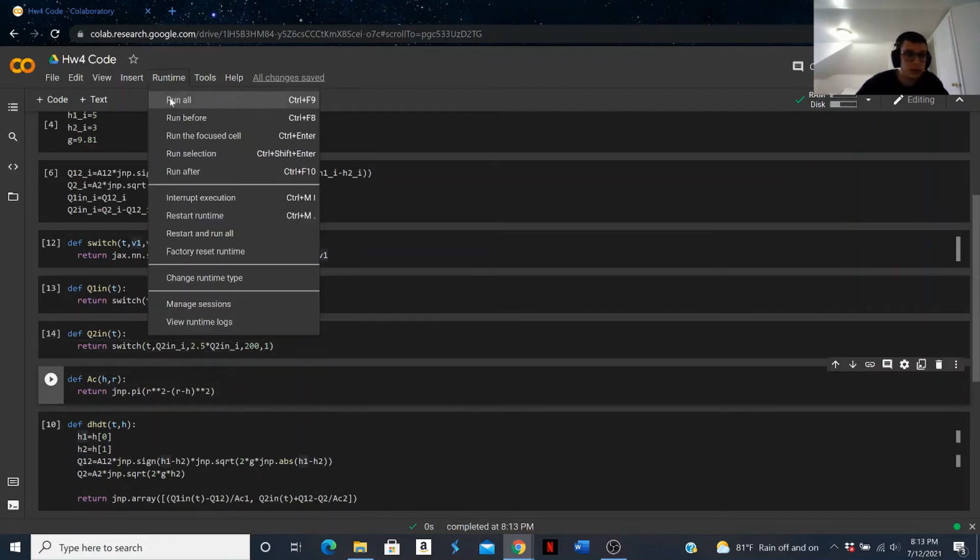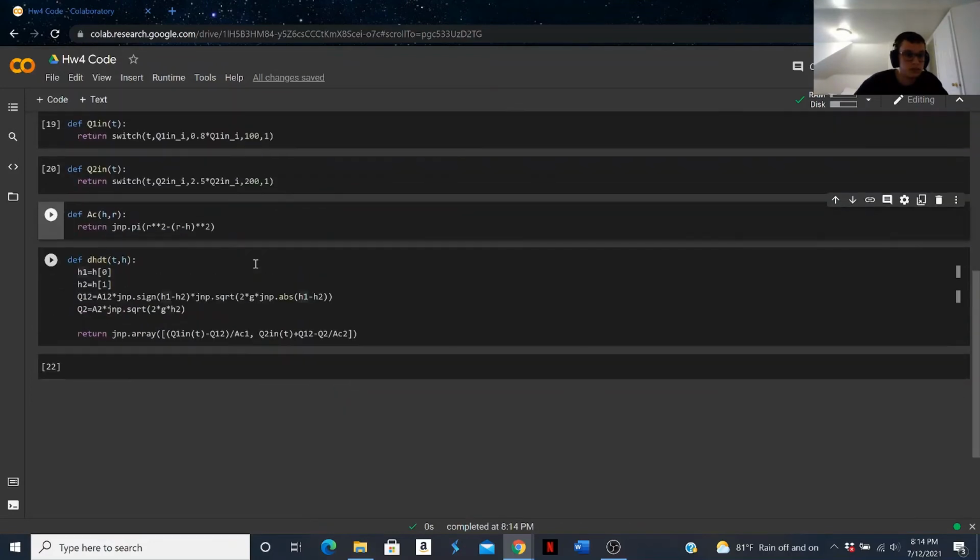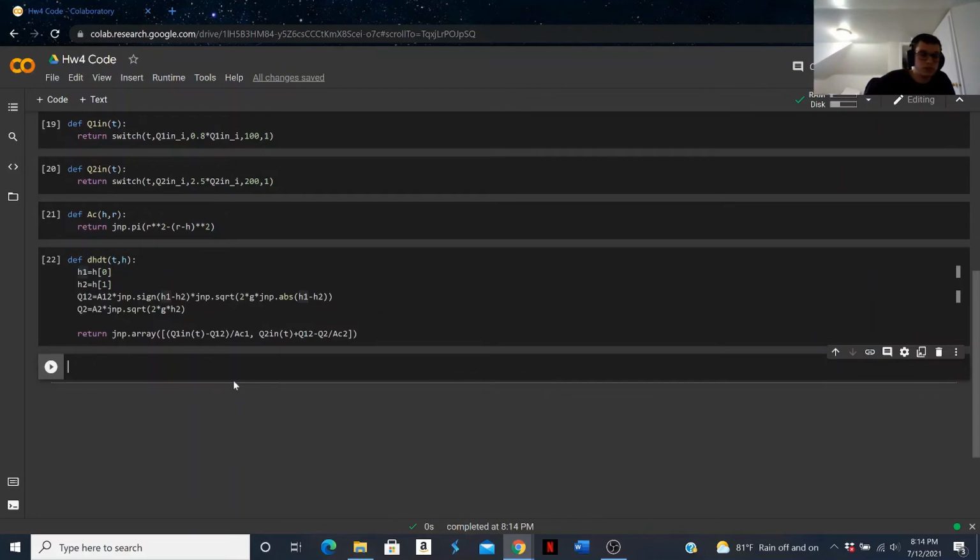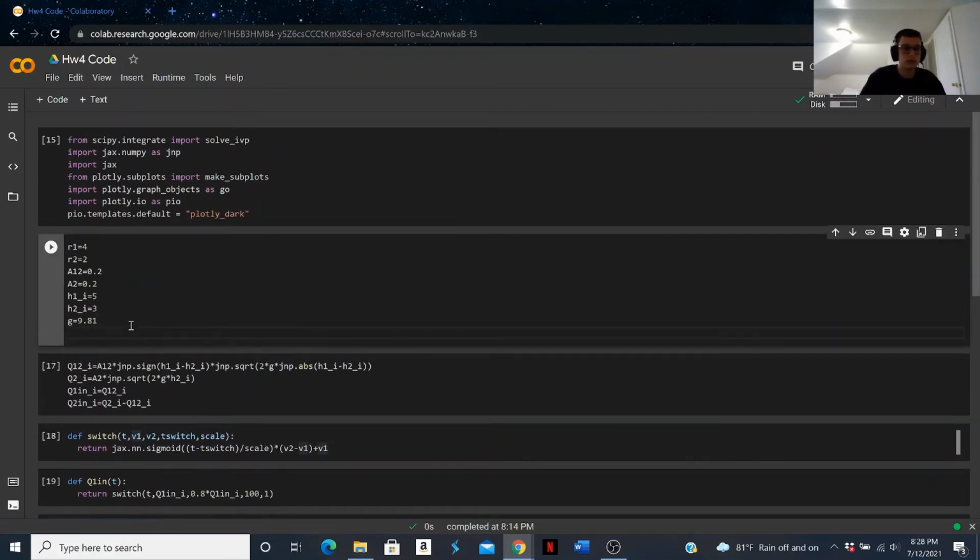Okay, I'm gonna run everything, just so we can see how everything works together. And now we should be ready to solve this differential equation and start doing our graphs here. Okay, we need our time that we want our trial or our experiment to run for. And with this, we're basically just an endpoint, right?